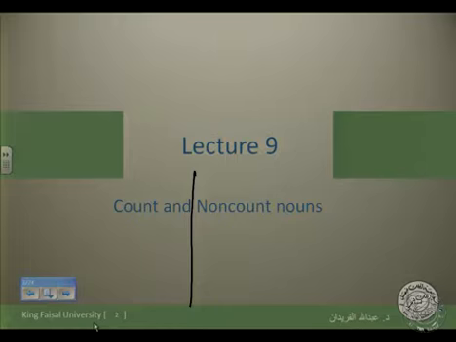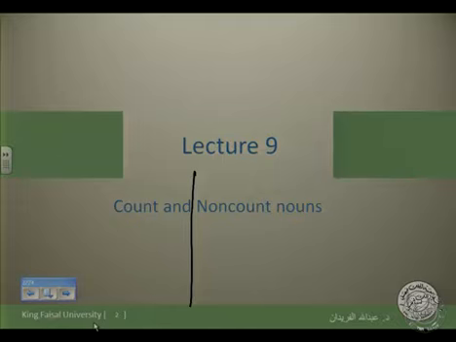But with non-count nouns, we cannot count them. We cannot give numbers to them, like meat, gas, and a lot of things that we are going to meet today.